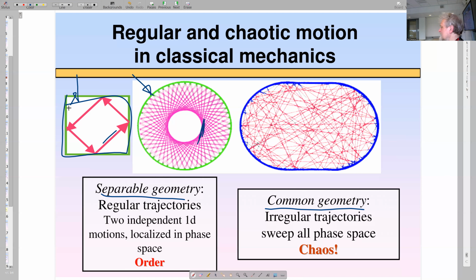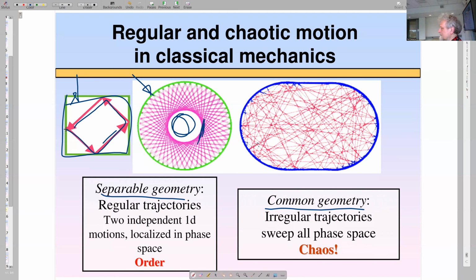And if I look at it, I see, for instance, that the particle never enters this area of the dot, which is obvious for this trajectory. It does not sweep the whole area of the dot.